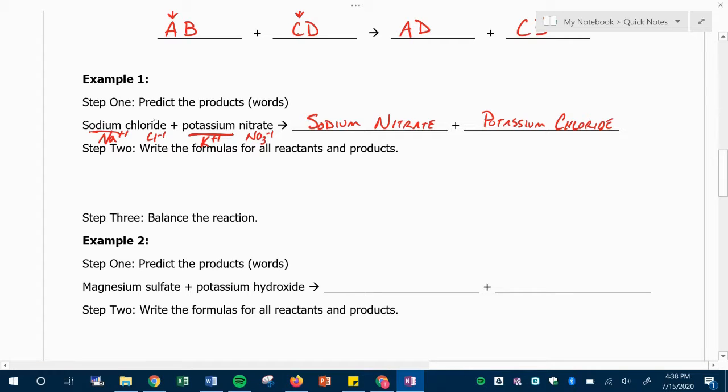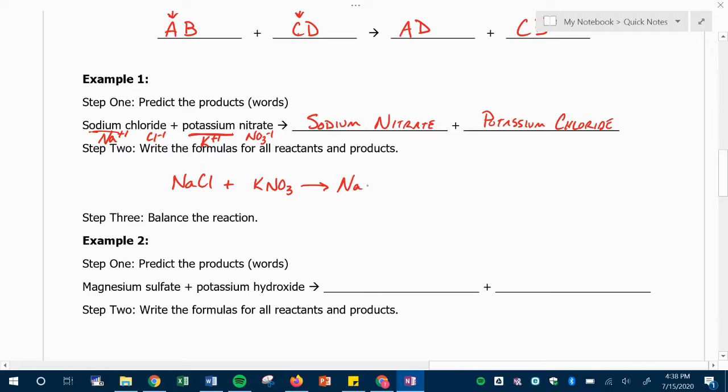So the first formula that we should be writing is sodium chloride. So we have NaCl plus, then our next one, potassium nitrate, KNO3. And remember, since they were all plus and minus ones, they should just cancel each other out. Then we draw our arrow, and the first product we wrote was sodium nitrate.